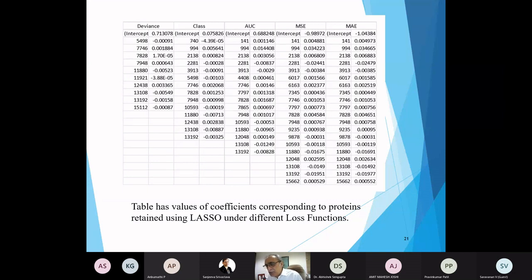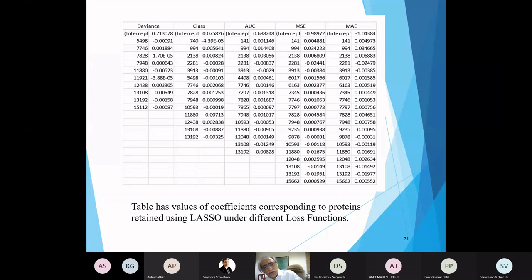Then as and when a new observation becomes available, that means I am given the data for a patient, and I have observations on 19,200 proteins. Now please note that if I have to use these models, I don't have to take into account all these values.